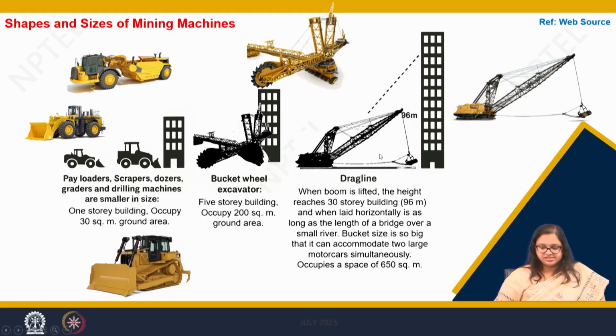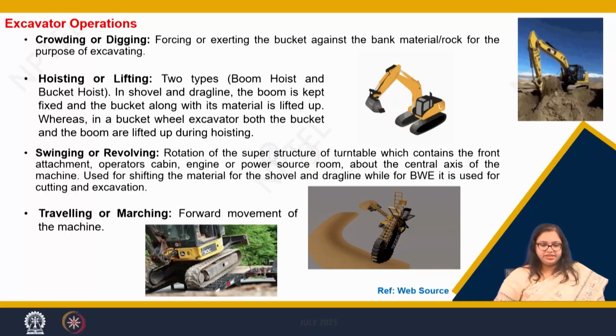The bucket size is so big that it can accommodate 2 motor cars simultaneously. And the dragline, when it stands on the ground, occupies a space of 650 square meter.